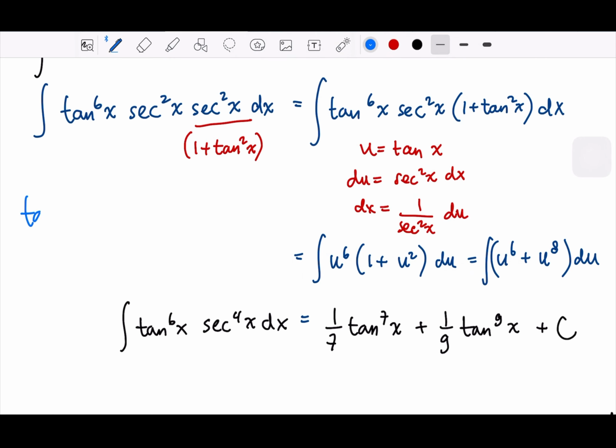Because as I remember, we will get stuck at some point. Let me check this. We get this if we change all. The light blue here, this one. Yeah, can you solve that?